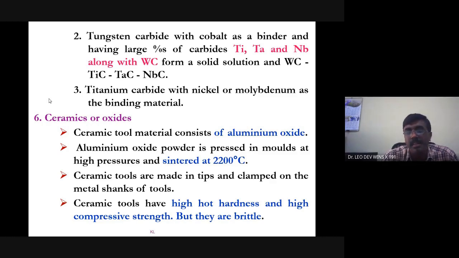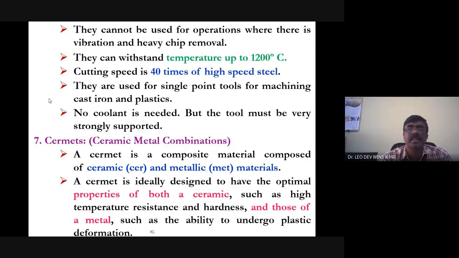So the hot hardness, or the resistance offered to heat at cutting temperature, is much higher compared to the previous materials. It has high hot hardness and higher compressive strength, but the limitation or drawback is that it is highly brittle in nature. See here, the highest possible working temperature is 1200 degrees centigrade. So the cutting speed may be 40 times higher than the high speed steel.